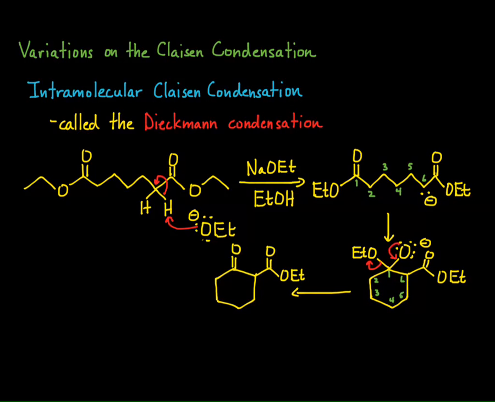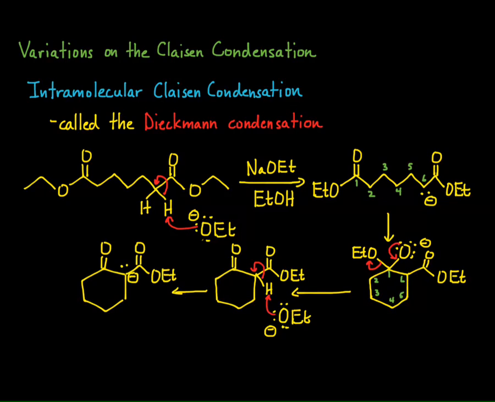The same procedure follows as typical Claisen condensation reactions. I'm generating an ethoxide. I have an alpha hydrogen that I can remove to form my resonance stabilized anion.